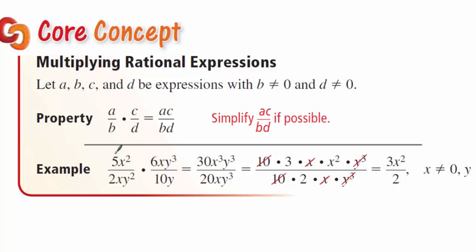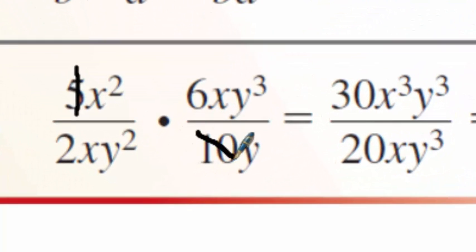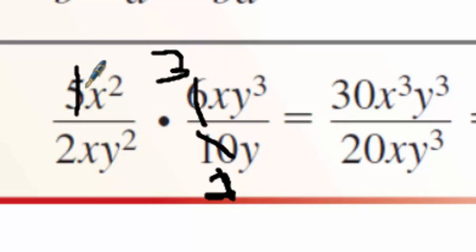I tend to be pretty quick to go and cancel things. 2 goes into 6 3 times. With my variables, if I cancel this x into this x squared, it doesn't cancel the x, it cancels the squaring. Same with y cubed and y squared, these two guys here.